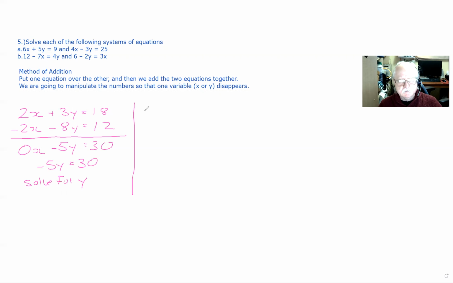So that's sort of one situation we could deal with. But let's say it was negative 2x plus 3y equals 18, and this was 4x take away 8y equals 12.